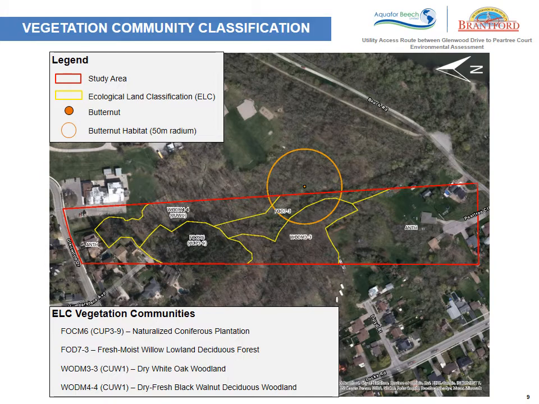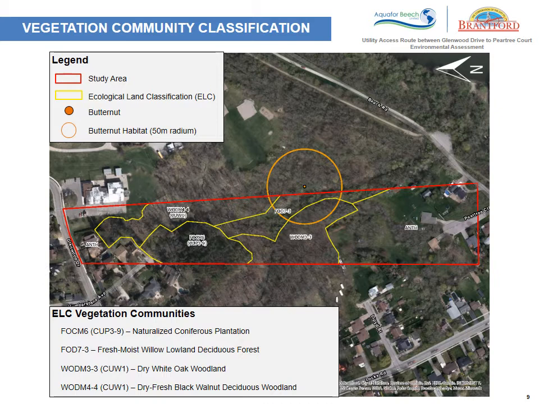The mapping of these ELC communities is presented on this slide, including areas of naturalized coniferous plantation, fresh moist willow lowland deciduous forest, the dry white oak woodland, and then also the dry fresh black walnut deciduous woodland.